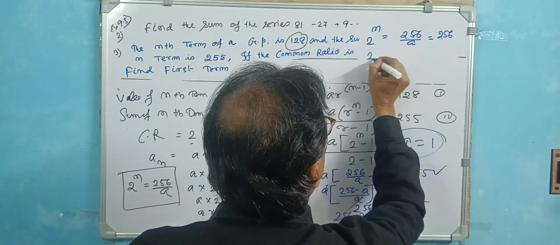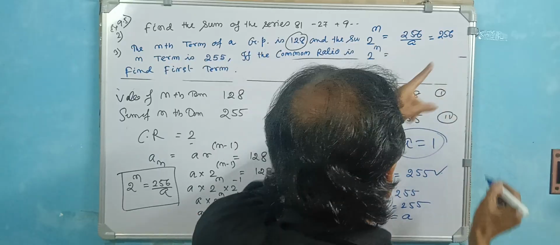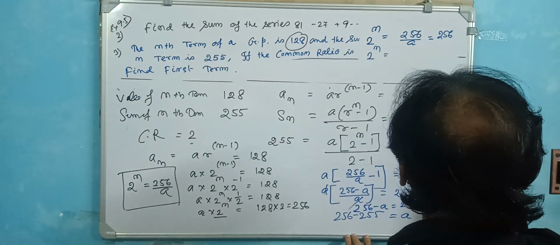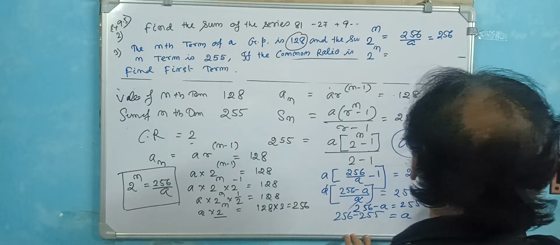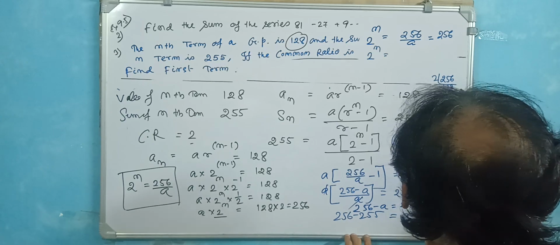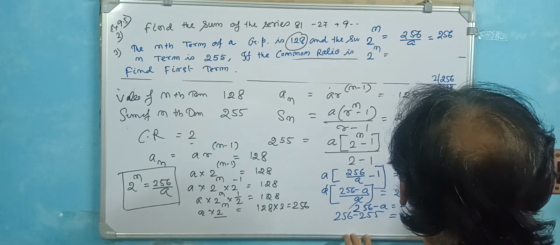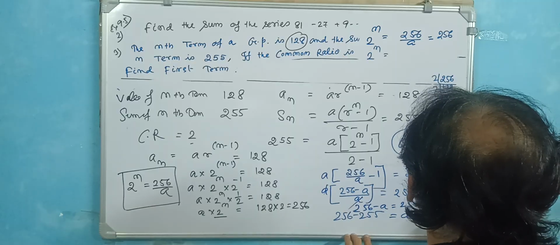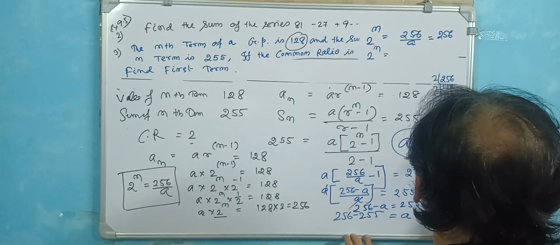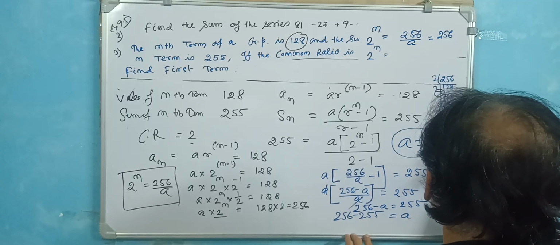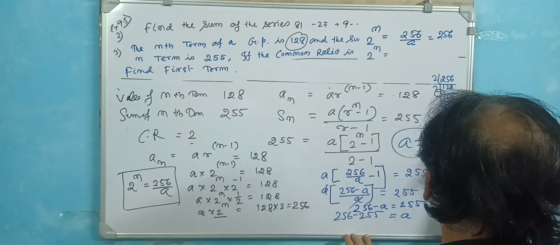Now in indices, 2 to the power n is equal to 256 in base of 2. 2 ones are 2, 2 twos are 4, 8, 16, 32, 64, 128, 256.